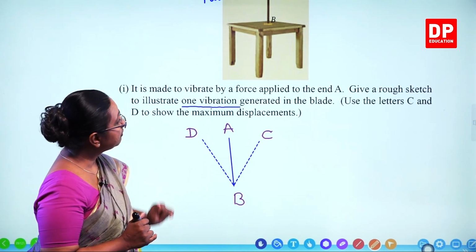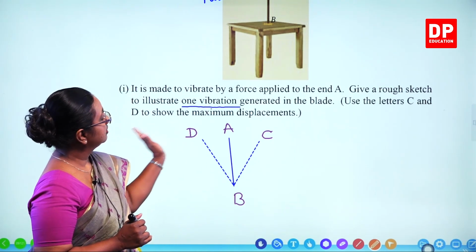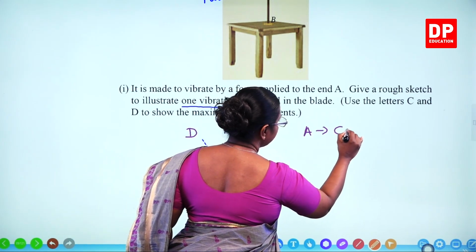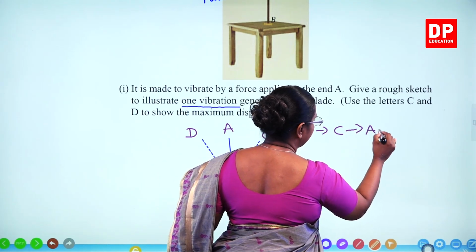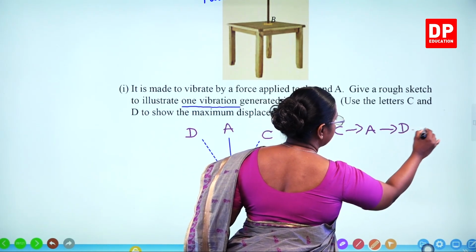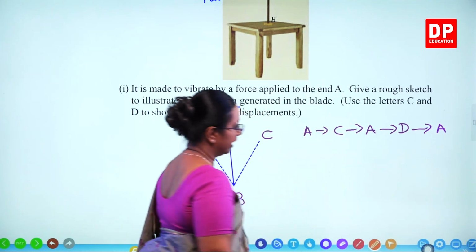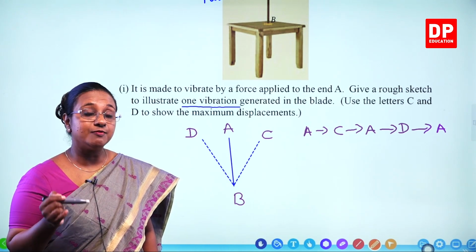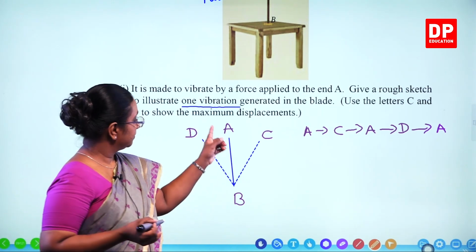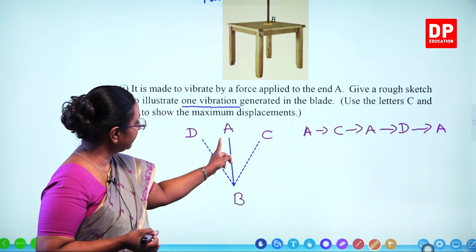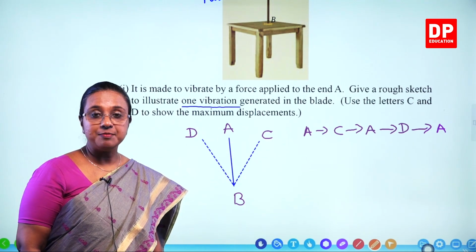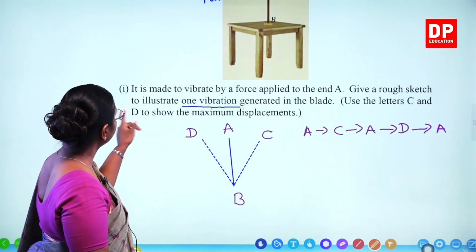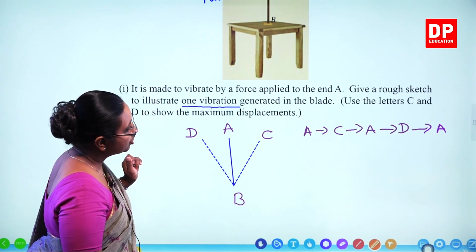So then if we show the way the vibration takes place, it goes from A to C, then from C again it comes back to A, then to D, and finally it comes to A. That is one full vibration or one full oscillation. Starting, vibrating and coming back to the same point. So that will correspond to one wave. That is what they have shown us here.